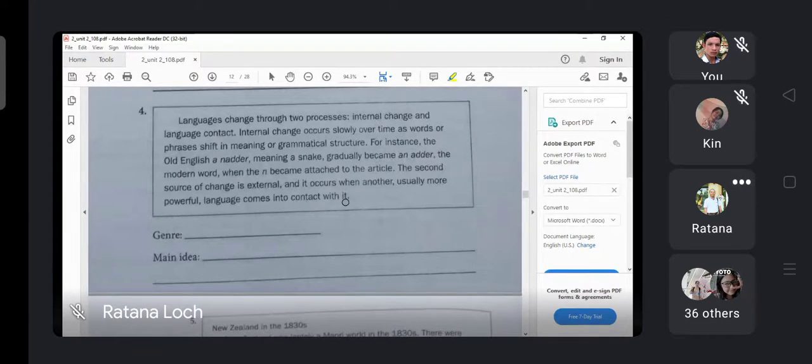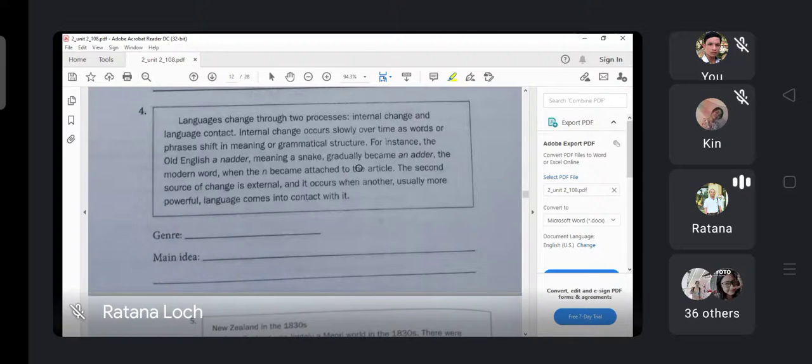Yes, correct. Here you look at the content. It talks about language change through process. But actually, the main idea is only internal change and language context. So you can see about the language. What is internal change?